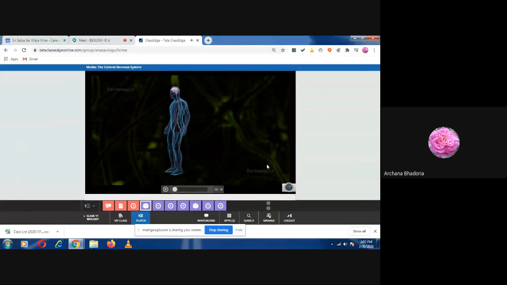Autonomic nervous system. The autonomic nervous system is a part of the peripheral nervous system. It controls and regulates the internal organs involuntarily. The autonomic nervous system comprises two axes of nerves, the sympathetic and parasympathetic nerve systems. The sympathetic nervous system is related to stress. It increases the heartbeat, blood flow, and dilates the pupil.